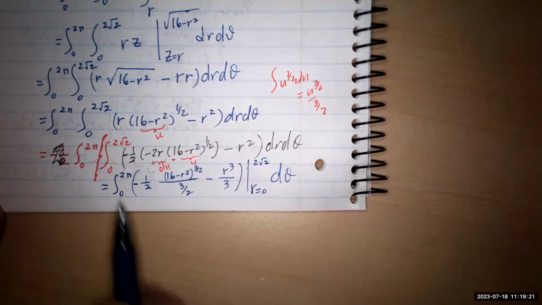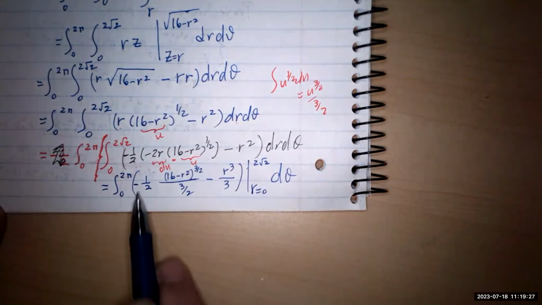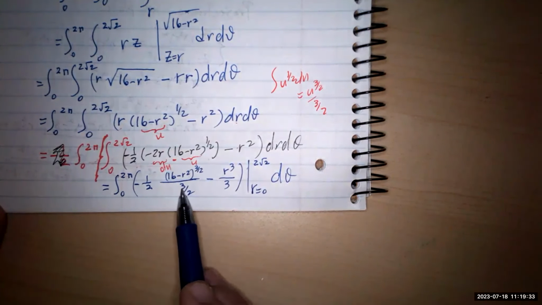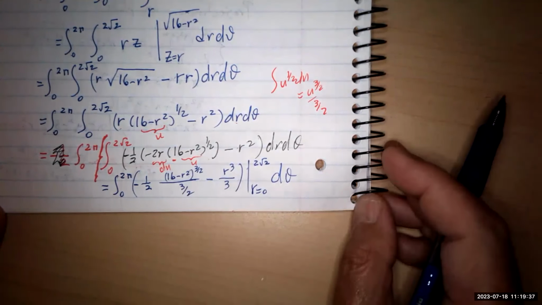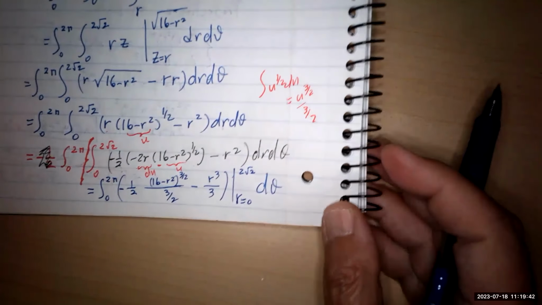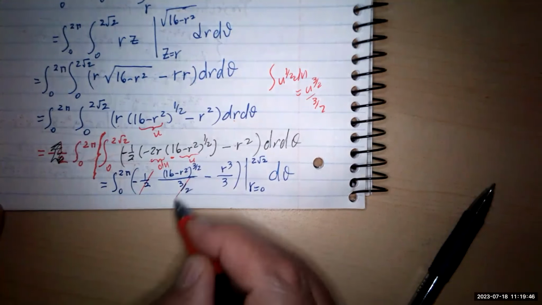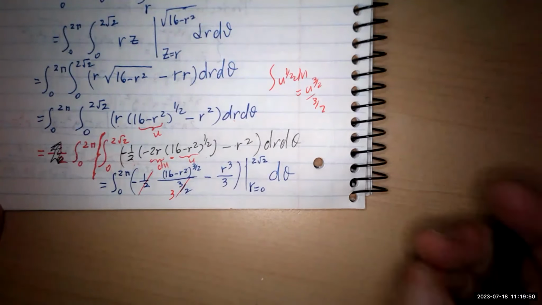Everybody happy about this one? Just do this integration right away. I have to simplify it. I simplify the 1/2 and the 1/2, so the leftover here is going to be 3. Then I substitute. So this is going to be negative.